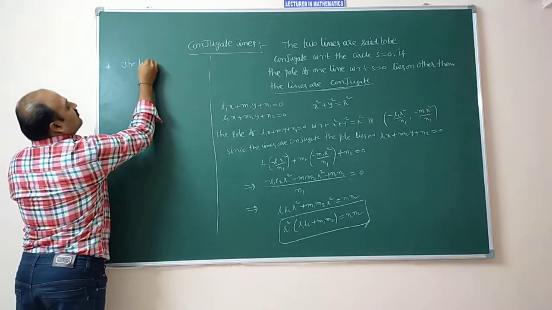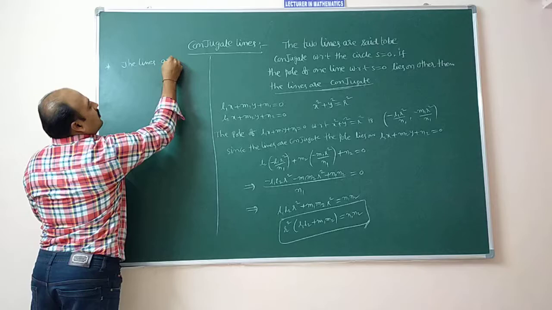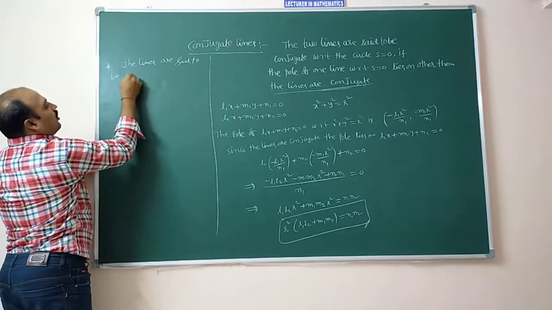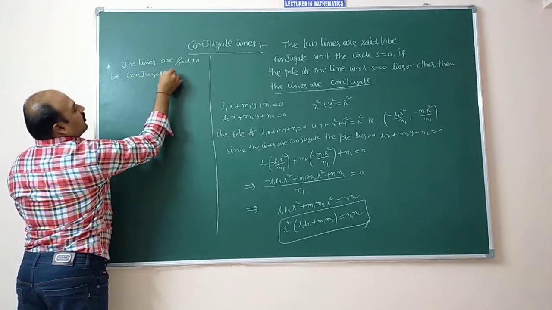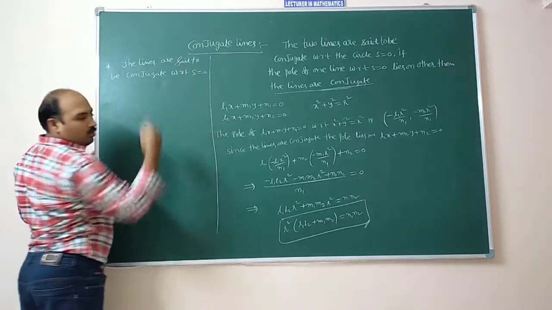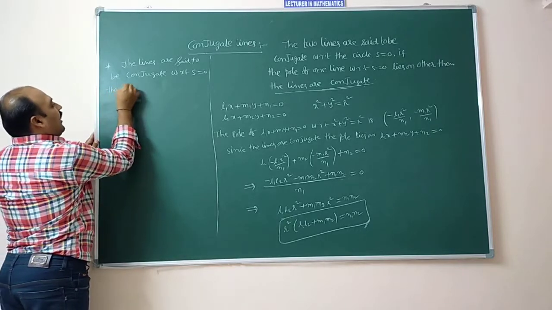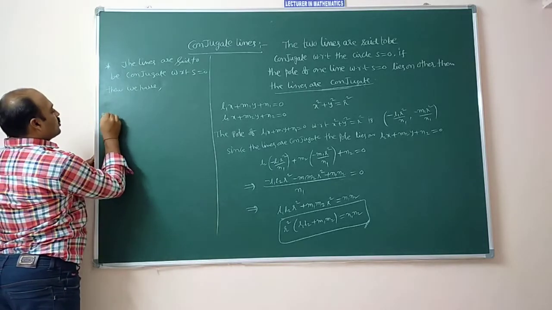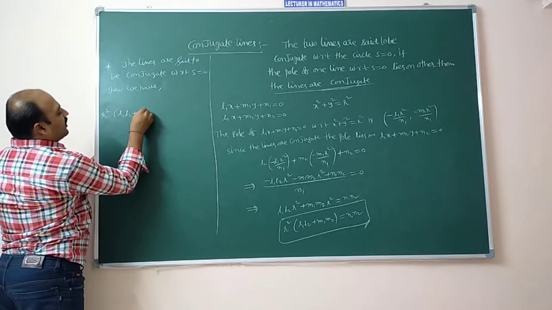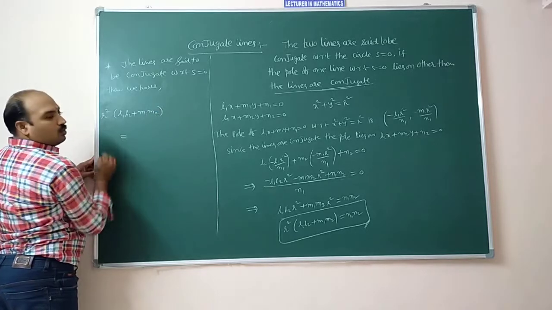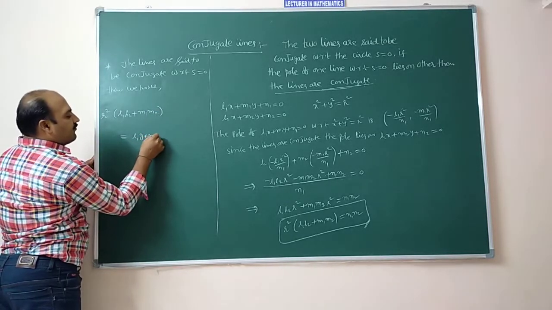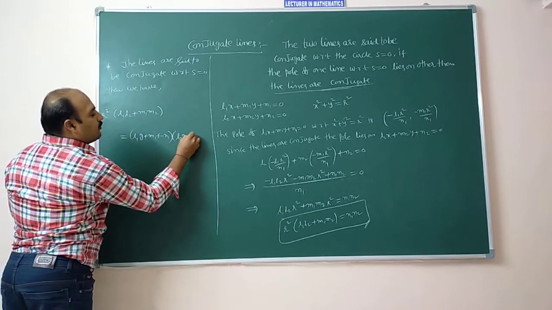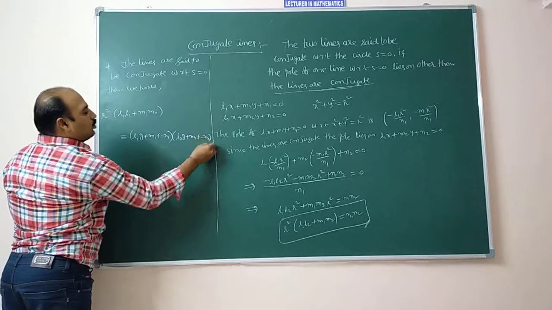The lines are said to be conjugate with respect to S = 0 if and only if r²(L1 L2 + M1 M2) = (L1 g + M1 f - N1)(L2 g + M2 f - N2).